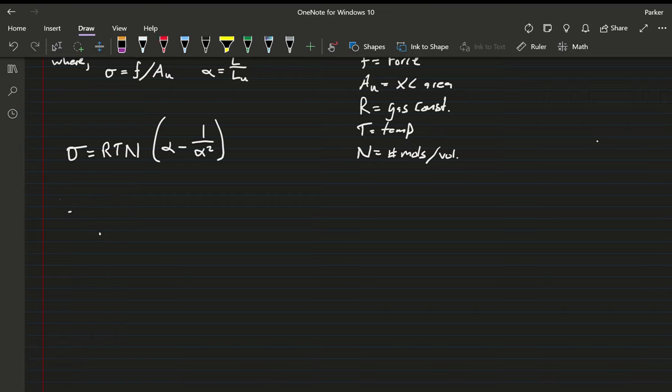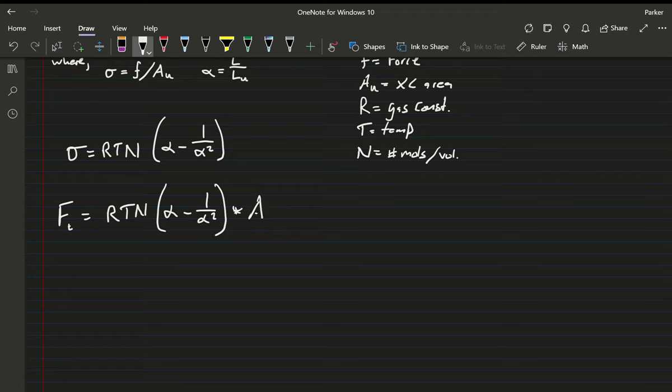So what that looks like is effectively Ft equals sigma 1, or RTN times alpha minus 1 over alpha squared of each component. But now that, times the cross-sectional area of the component.